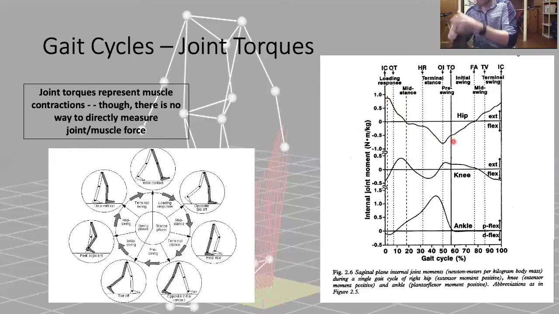Now, concentric contraction creates a torque too. But when we're looking at this, we're looking at where is the most torque and where the biggest moments are being created during the gait cycle. And so during initial contact, yeah, you're falling into your foot, and your knee's going to flex, and so is your hip.